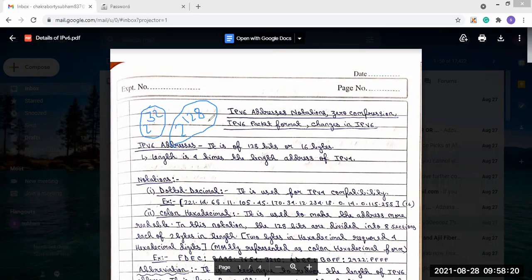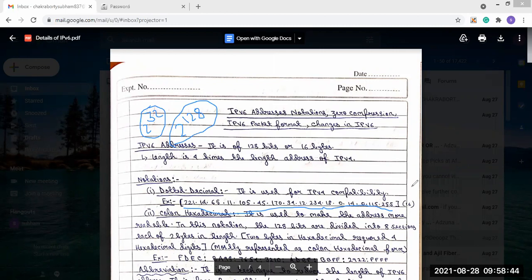Now, if we use the dotted decimal notation, then the address will look like this. That's why I am saying that we don't use the dotted decimal notation: you see here there are 16 bytes, 1 2 3 4 5 6 7 8 9 10 11 12 13 14 15 16.